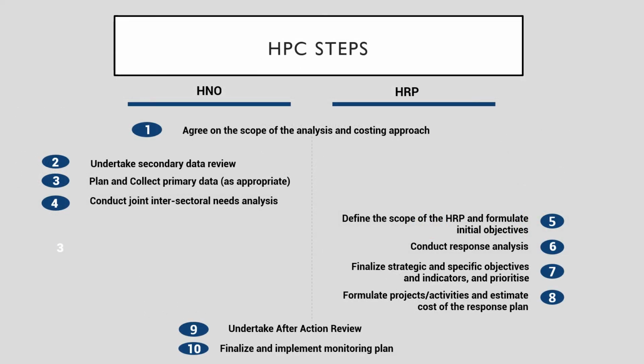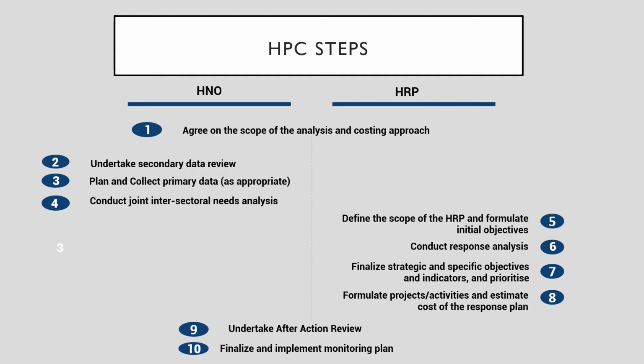To illustrate the similarity of the JIAF and the HPC process, let's take a look at the step-by-step HPC guidance. Here we see on this slide the main key steps to develop an HNO. And you will note they are indeed quite similar. Step 1, agreeing on the scope of the analysis for the HNO and the costing approach for the HRP.